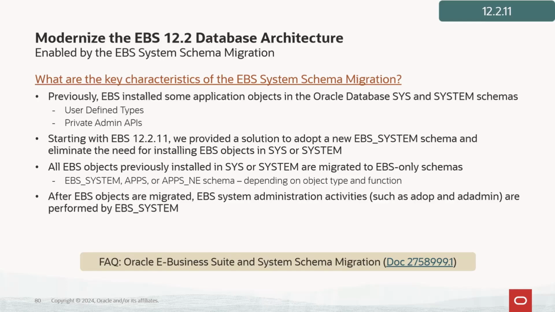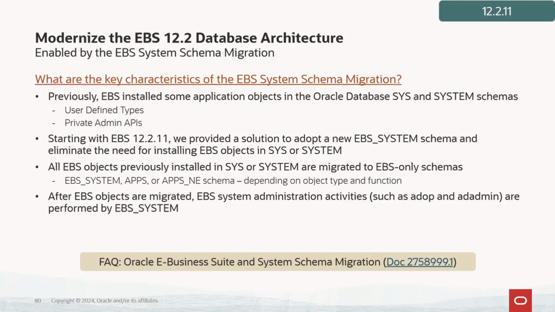So all of the objects that we had previously installed in SYS or SYSTEM are migrated to EBS-only schemas, and that would include the new EBS system schema, the APPS schema, the APPS_NE schemas. The distribution of the objects across those are dependent on the exact object type and function.